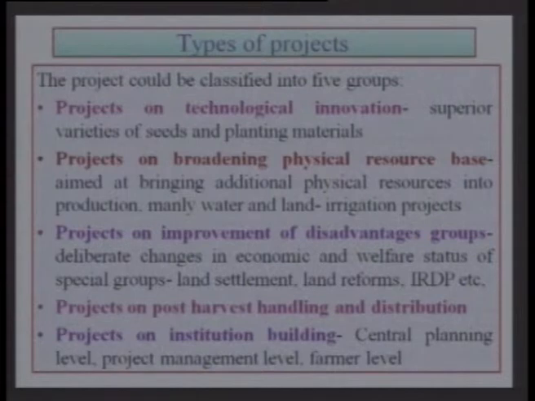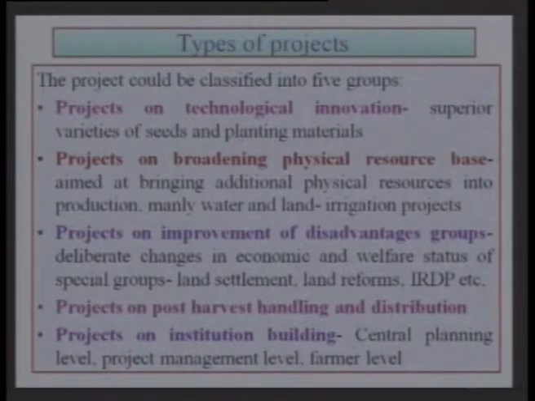Then the third one is projects on improvement of disadvantaged groups. Certain projects are implemented to alleviate poverty or to improve the status of the downtrodden people. For example, projects on land settlement or land reform, under which land is transferred to persons who are not having land.